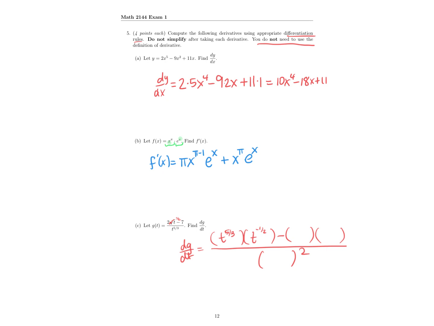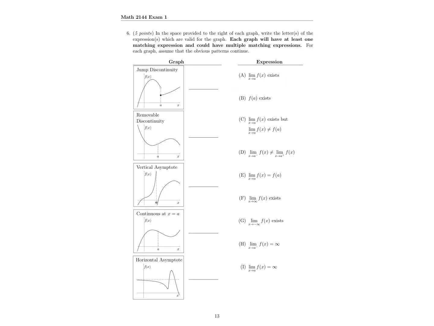So 2t to the 1/2 minus 7, and the derivative of the bottom is going to be 5/3 t to the 5/3 minus 1. So 5/3 minus 3/3 is going to be 2/3. And then over t to the 5/3 squared. So that's my derivative. And I would recommend not simplifying it, just leave it like that. You don't want to simplify it and make an error.